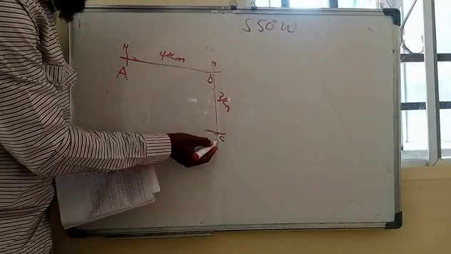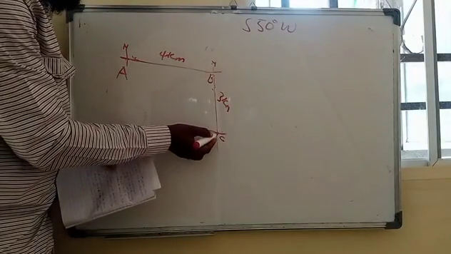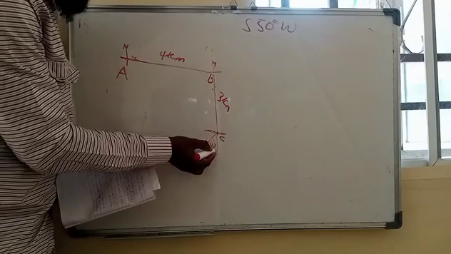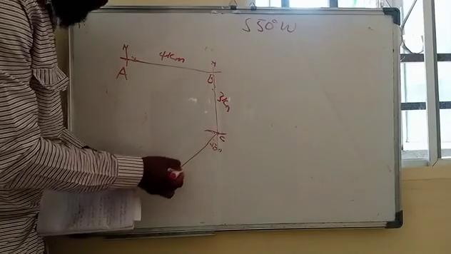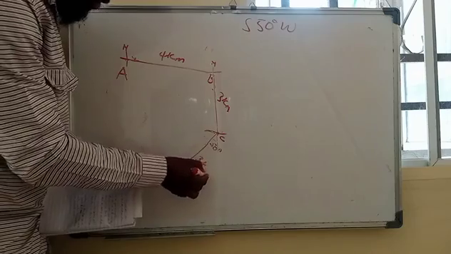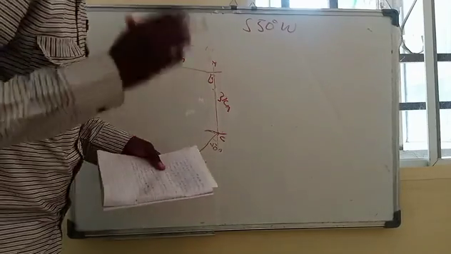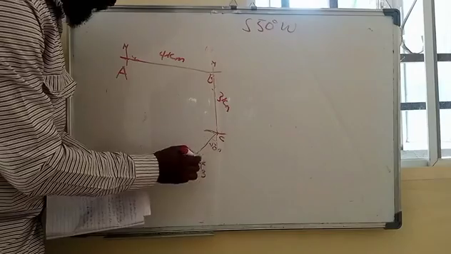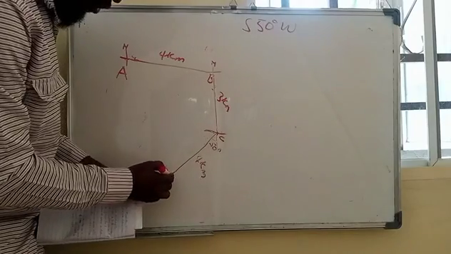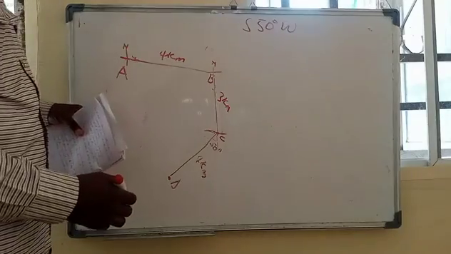Once you have this angle of 50 degrees, extend it by 4 kilometers. That is what they specify. So move 4 kilometers, then you have your D.